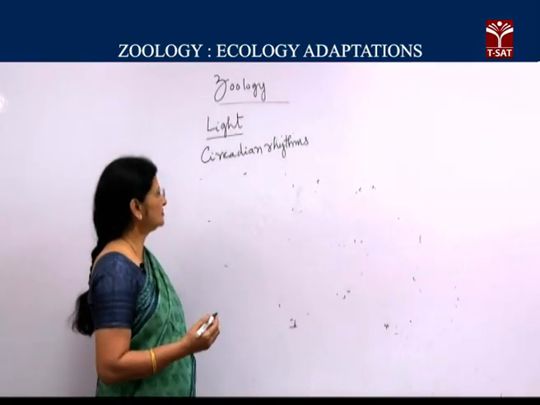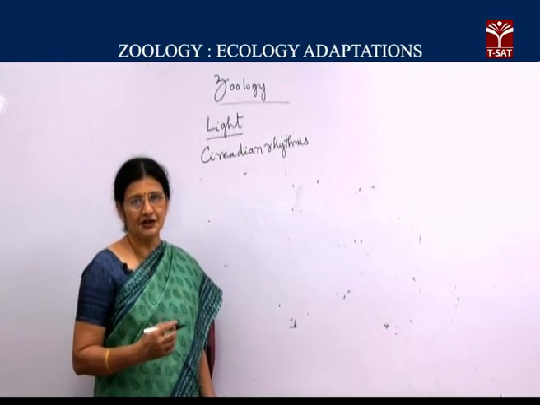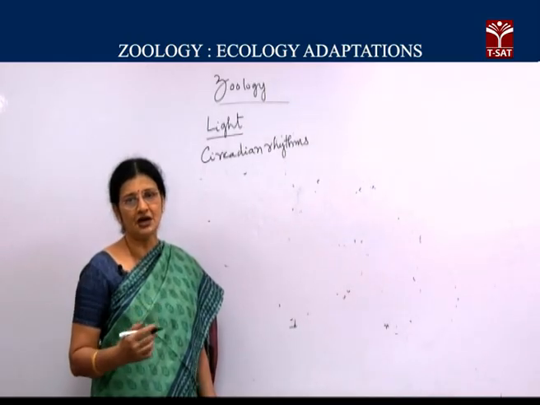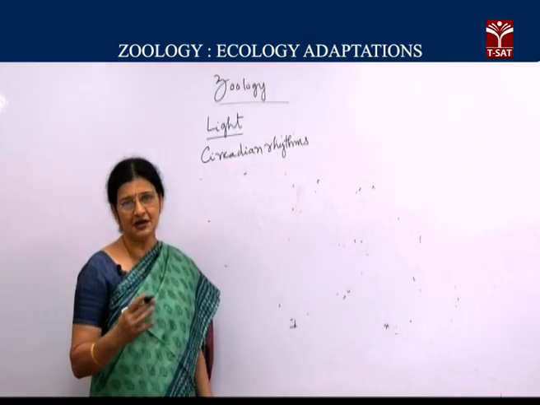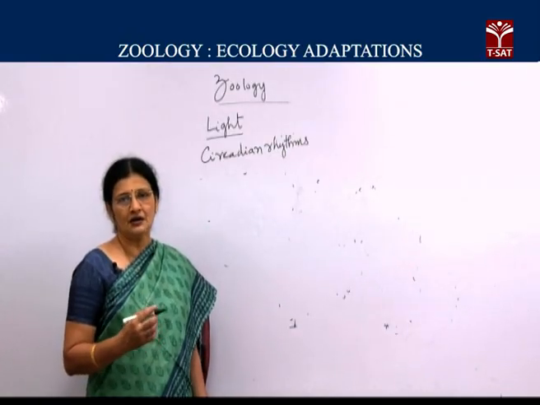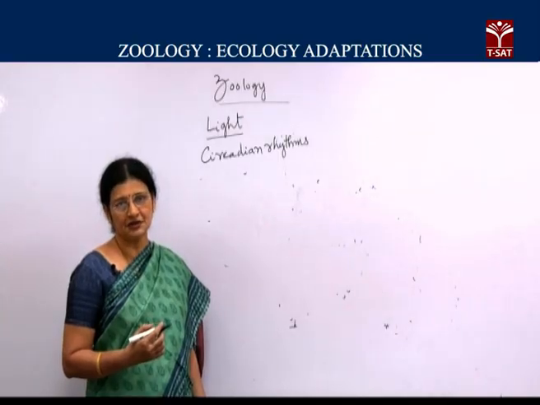So these are circadian rhythms. So repetition of the activities which are taking place in 24-hour cycle, every day at the same time we find the activities taking place, they are called circadian rhythms.